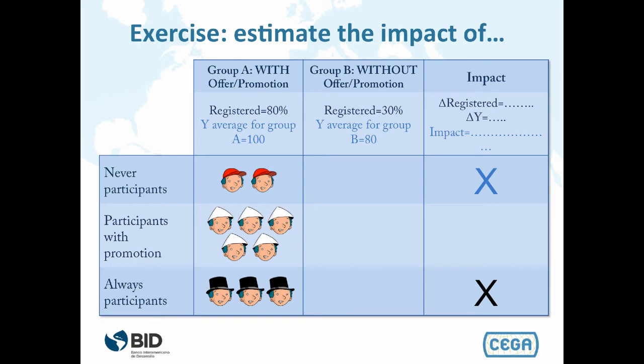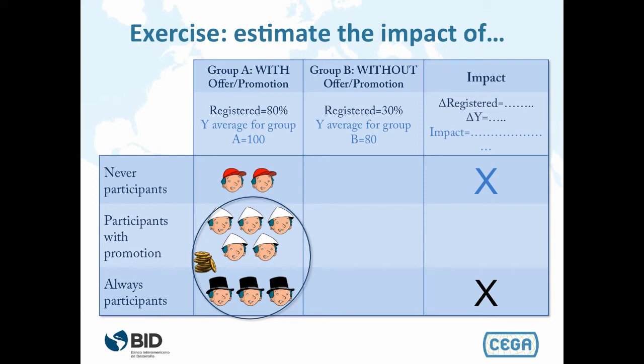And the black hats always participate. Okay. So, what would happen with promotion? Group B, the second column, is what would happen without promotion. And the third column is our impact. Okay. With promotion, both the white hats and the black hats enroll and receive the treatment.